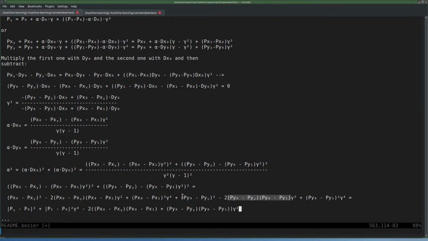Well, I guess I need a vector p1 minus p0 multiplied by gamma squared.